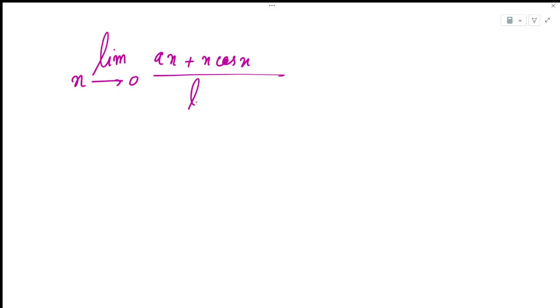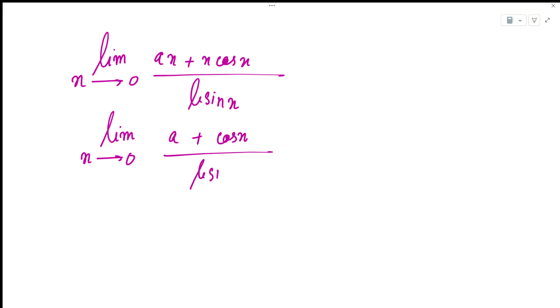We have limit x tends to 0, (ax plus x cos x) divided by (b sin x). So the idea over here is to divide both top and bottom by x. So if you do so, we will have a plus cos x, because the x cancels out, and this is b sin x upon x.